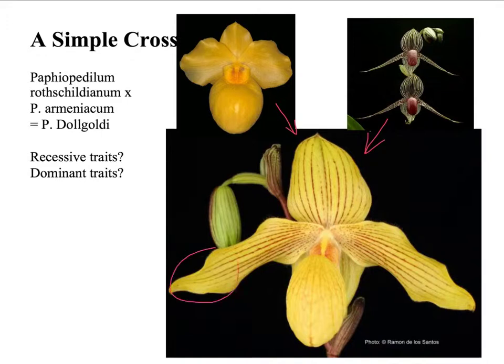We can see that everything is this brilliant yellow colour. From the Rothschildianum we can see that we have huge amounts of purple striping, which we don't see in the Armeniacum parent. There are certain traits that are really a combination of the two, but we'll come to those in the next slide.